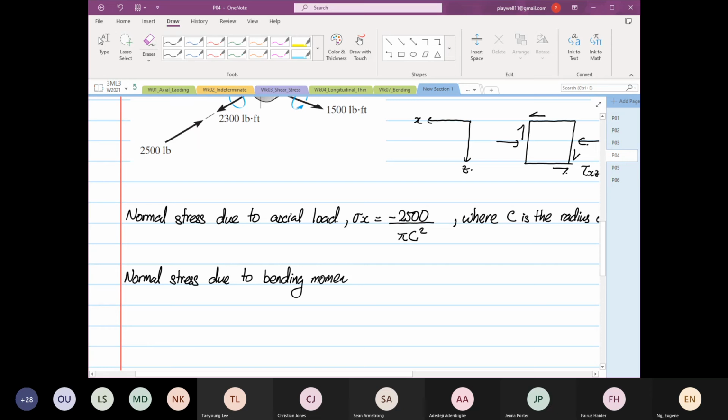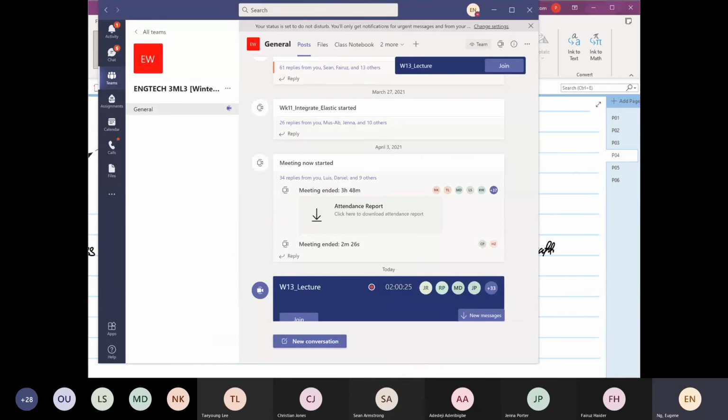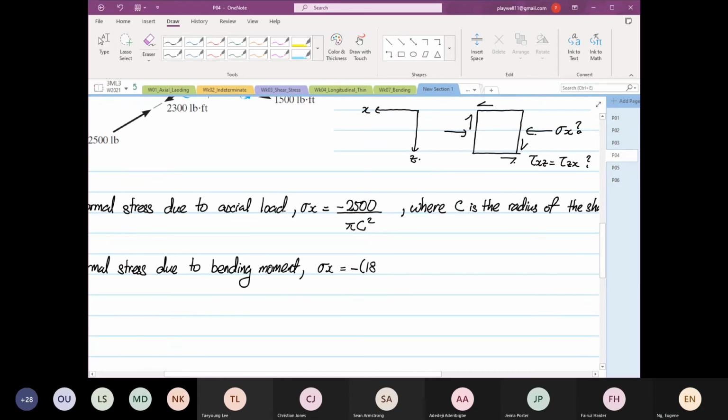So you have stress x again, minus the moment that we found due to bending, which is 18,000, multiplied by y, which is the radius, where you have the maximum shear stress, and then divided by I, which is pi over 4 c to the power 4 for a shaft.